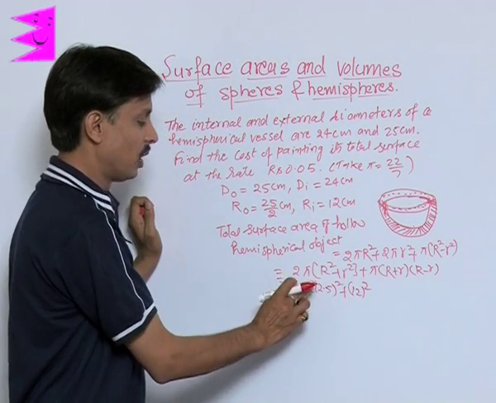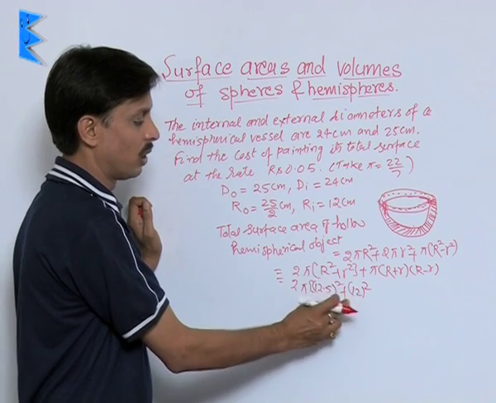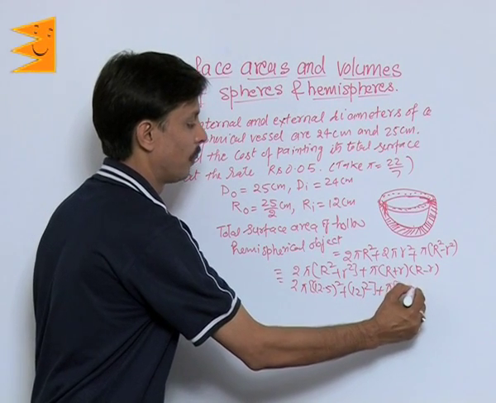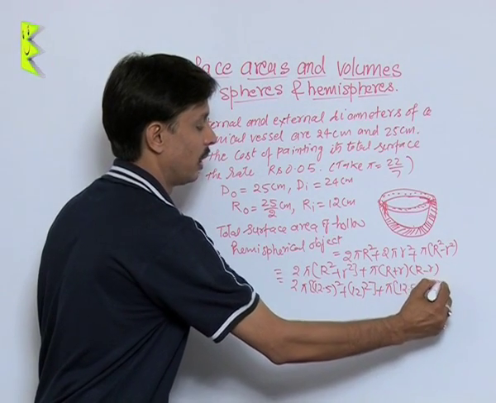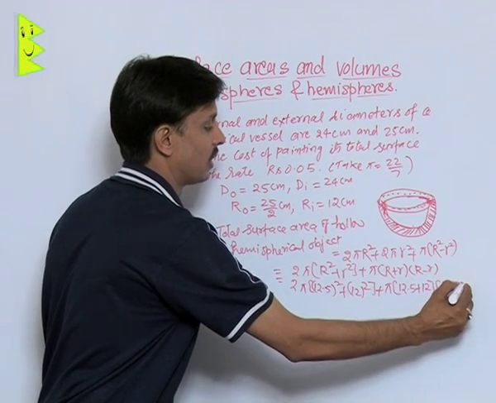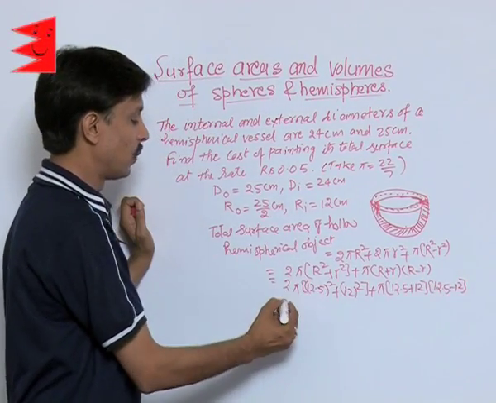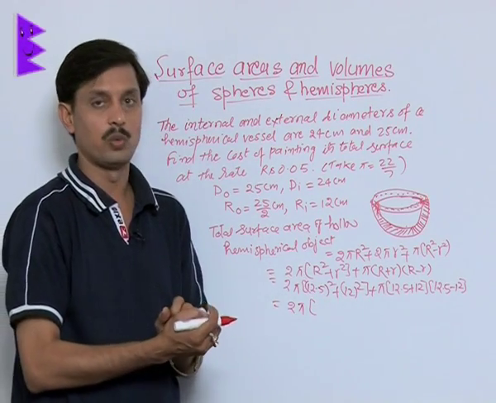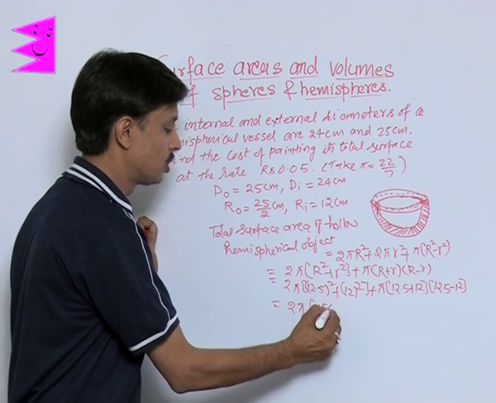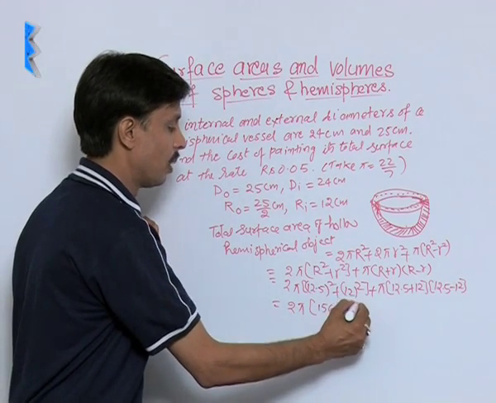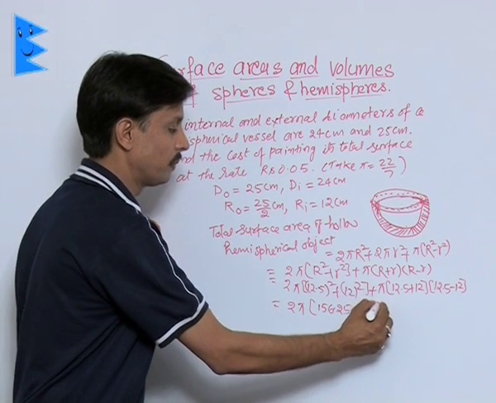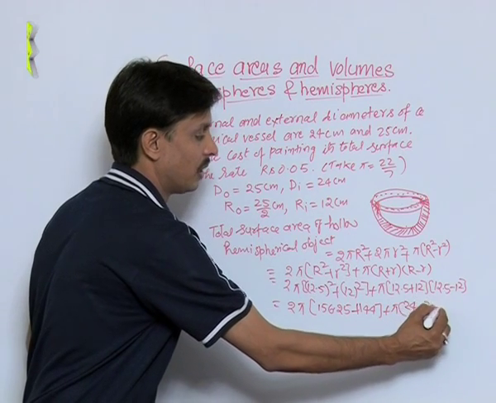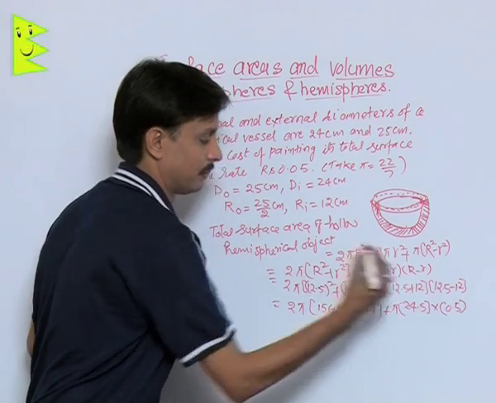So this becomes 2 pi into 12.5 square plus 12 square, plus pi into R plus r, 12.5 plus 12, into 12.5 minus 12. Now this value is coming out to be 2 pi, 12.5 whole square is 156.25, plus 12 whole square is 144, plus pi into their sum, which is 24.5, and their difference, which is 0.5.